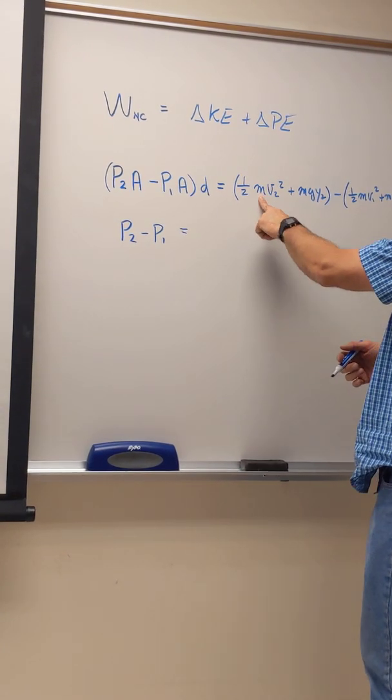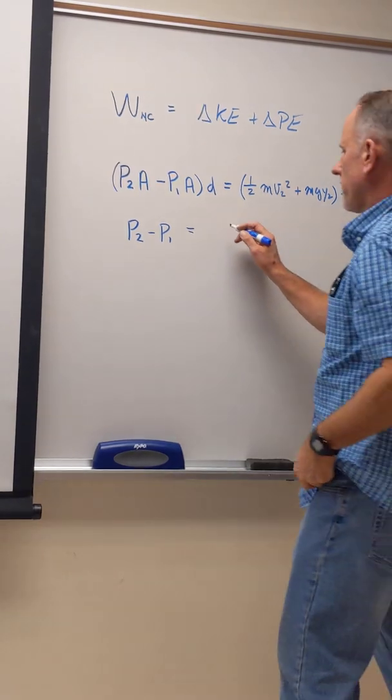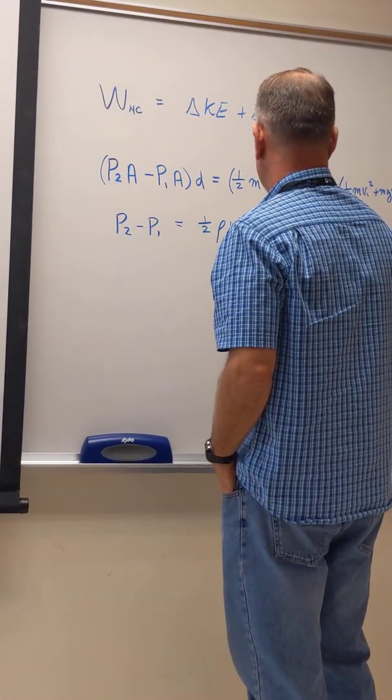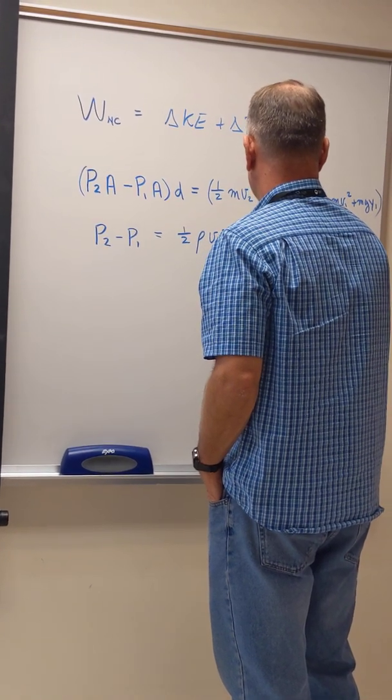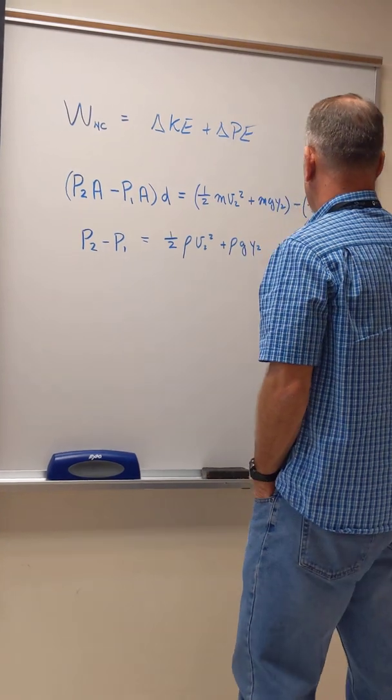And what is mass over volume? Density. So I get 1/2 rho v2 squared plus rho g y2.